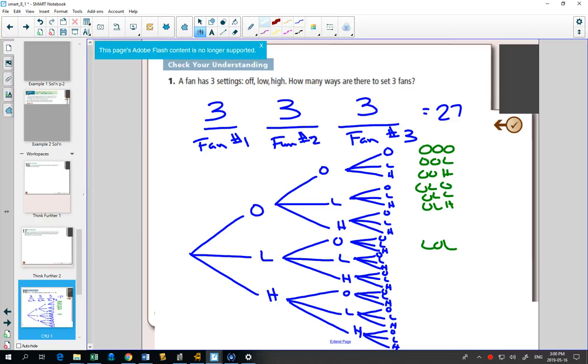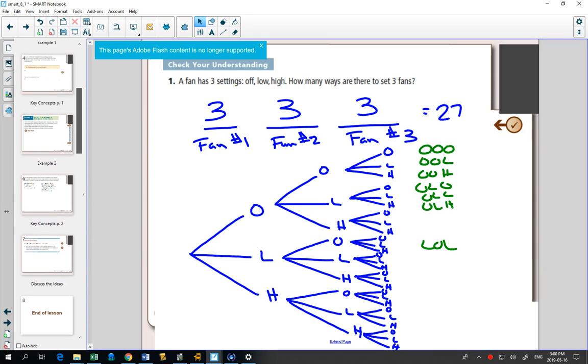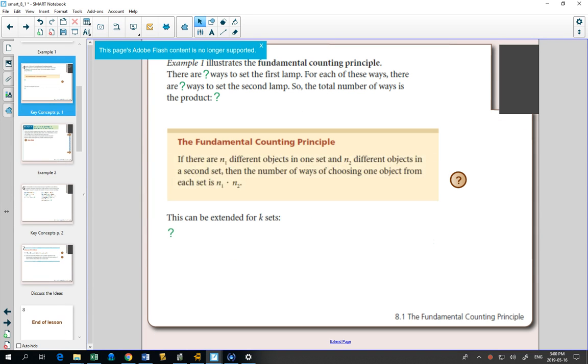So the tree diagram shows 27 branches in total, but can you see how the fundamental counting principle helps us count that even quicker? So to summarize the fundamental counting principle, which is at the bottom of the next page, this is the mathematical explanation: when there are n1 different objects in one set and n2 different objects in the second set, the number of ways of choosing one object from each set is n1 times n2.